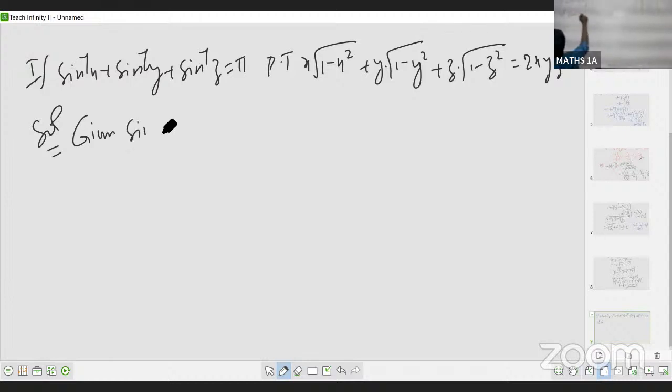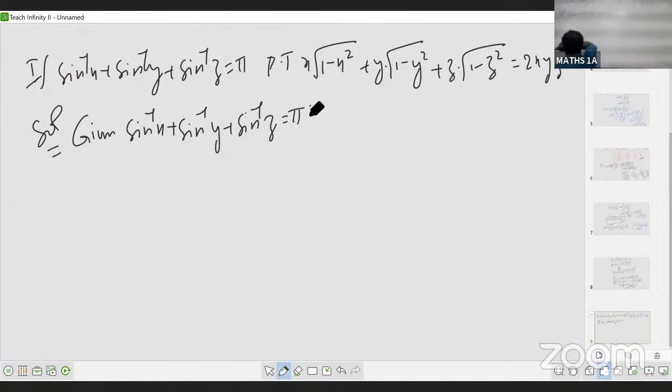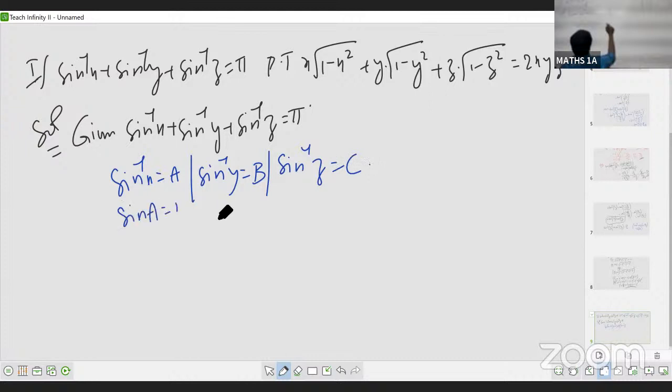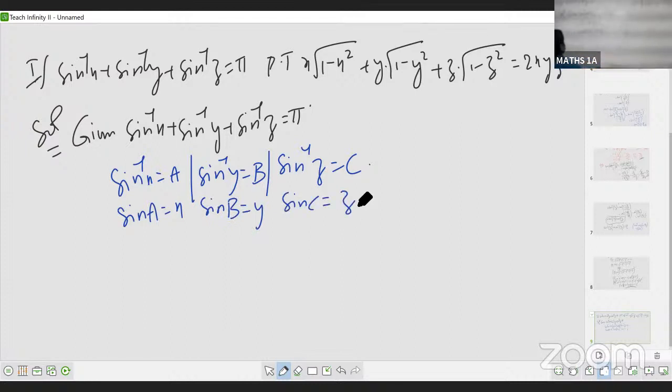Now given sin inverse x plus sin inverse y plus sin inverse z equal to π. Now you take sin inverse x equal to A, sin inverse y equal to B, sin inverse z equal to C, so sin A equal to x, sin B equal to y, sin C equal to z.